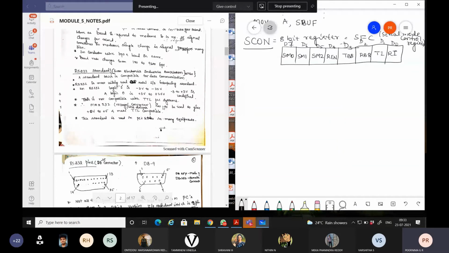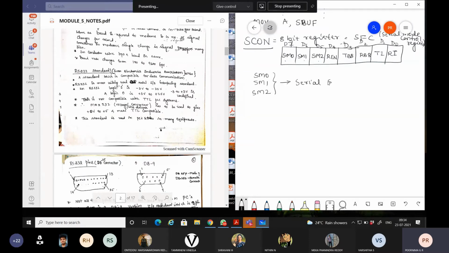First, let us see what these mode bits are. How many bits represent the modes? SM0, serial mode bit 1, serial mode bit 2. So SM0, SM1, SM2, all these 3 bits represent the serial mode configuration.